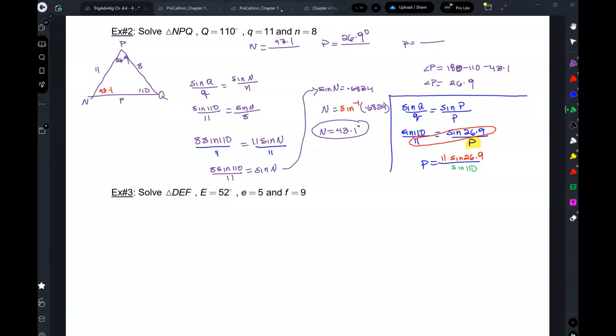So go ahead and plug this in, please, and find little p. Don't call out the answer for little p. Yeah, so this is 5.3.